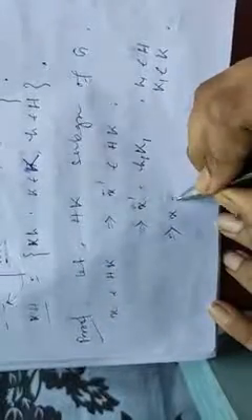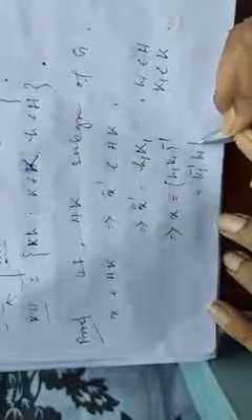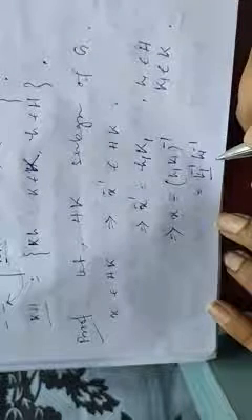Then x inverse will be of the form some h1 k1 where h1 belongs to H and k1 belongs to K. Now taking inverse on both sides, this will be x and this will be (h1 k1) whole inverse. That means k1 inverse h1 inverse. Now k1 inverse belongs to K as K is a subgroup, and h1 inverse also belongs to H as H is a subgroup.